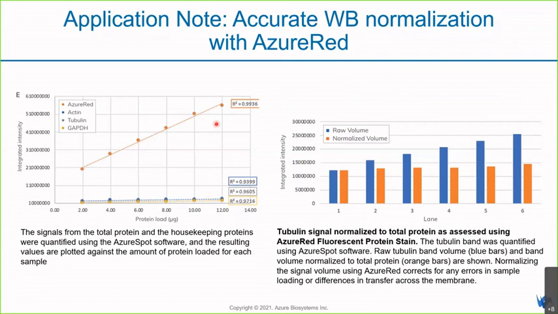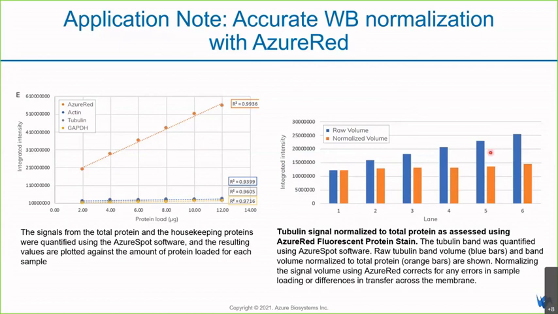Okay, how we prove that: the blue column is the raw volume of the tubulin. Then after we normalize with the normalization factor that we obtain from the total protein signals, you can see that it's showing consistent data after the normalization. Instead of showing increasing raw volume, you can see that the raw volume is very varied here.